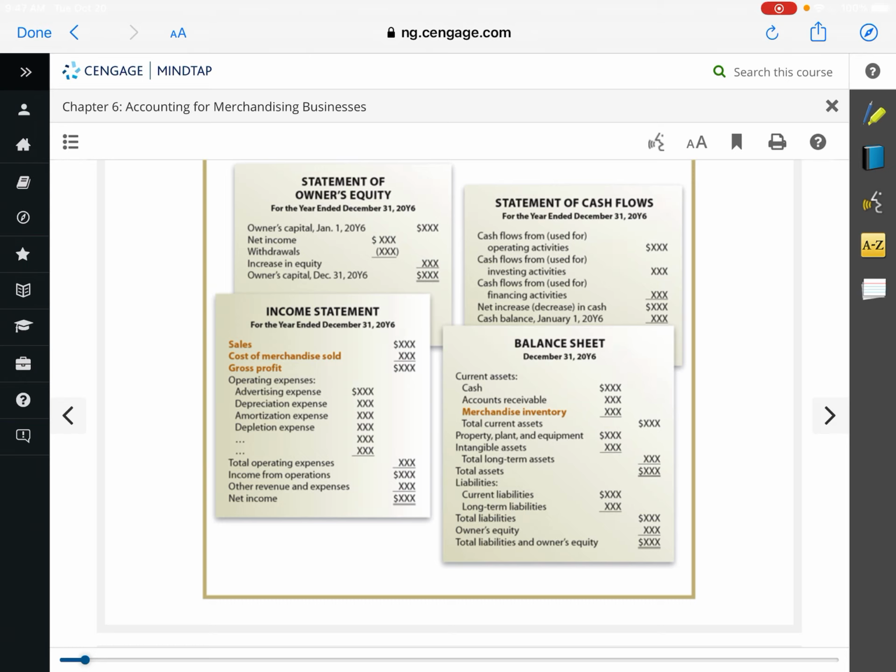But then if you look at a different type of merchandising business, like say a jewelry store, their inventory turnover might not be as high. So jewelry stores might have diamonds that they've held on to for years, just waiting for the right buyer to come in. So, but that merchandise inventory, that's a new account that we have for merchandising businesses.